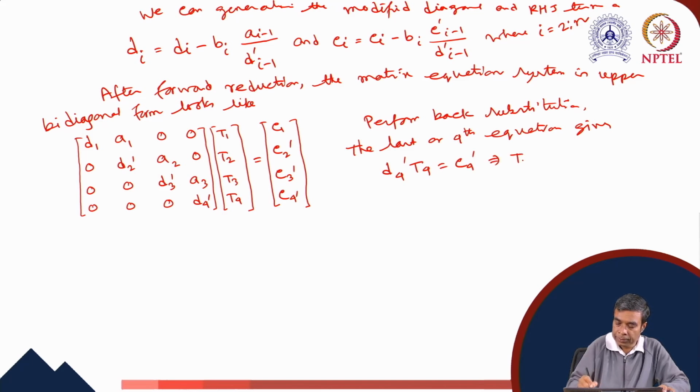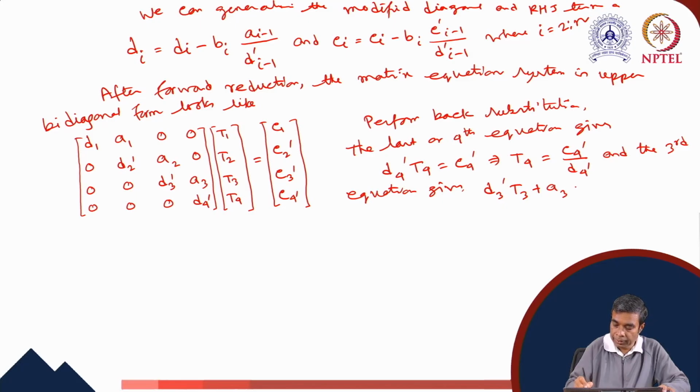This gives t4 equals c4 dash by d4 dash, and the third equation gives d3 dash t3 plus a3 t4 equals c3 dash.